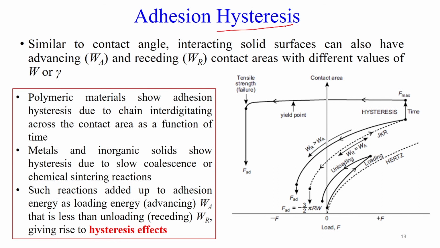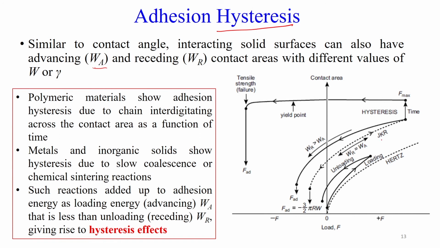So, there is going to be some hysteresis, and like the contact angle hysteresis, we call it adhesion hysteresis. This is very similar to contact angle hysteresis. Interacting solid surfaces can have advancing and receding contact areas. This axis is the contact area.